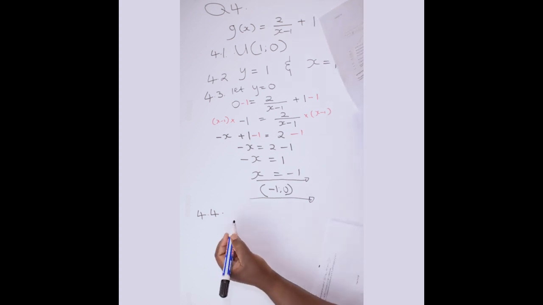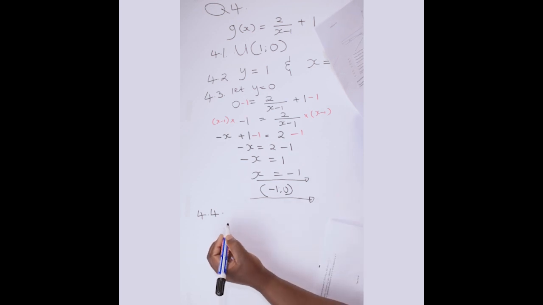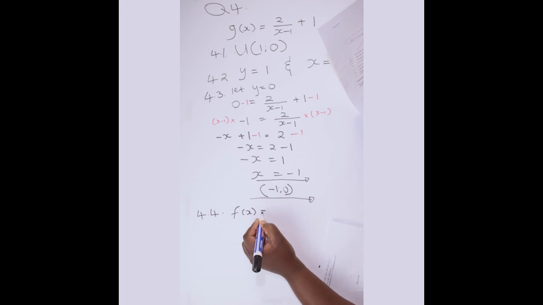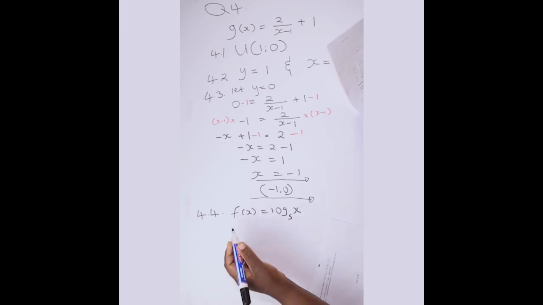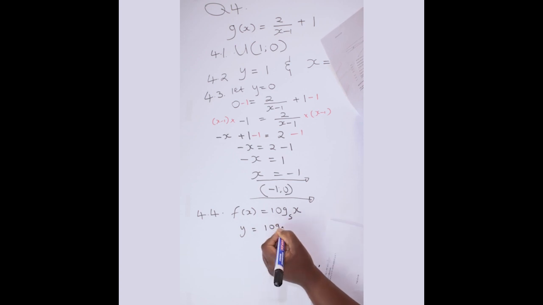So to do that, we're just going to be writing our equations. So you interchange them. In other words, there you have f of x equals log with base 5 of x. Remember, your f of x is your y. So this can be rewritten as y equals log of x divided by log of 5.